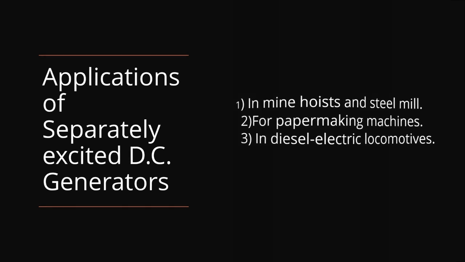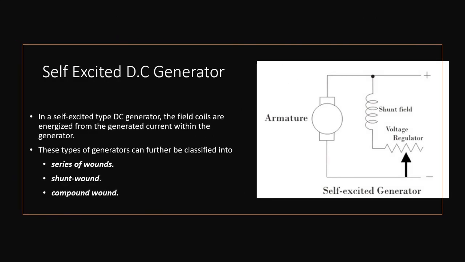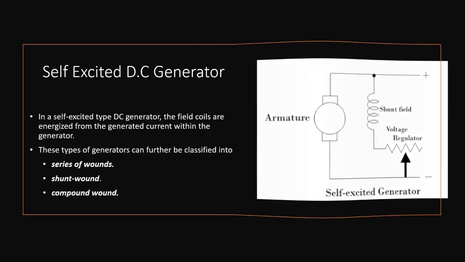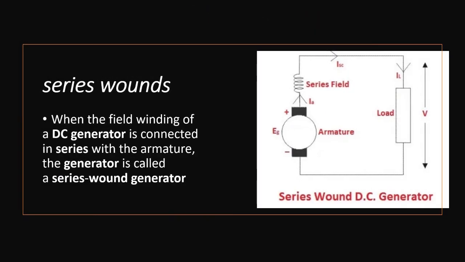In a self-excited type of DC generator, the field coils are energized from the generated current within the generator. These types of generators can further be classified into series wound, shunt wound, compound wound. In series wound, the field winding of a DC generator is connected in series with the armature.